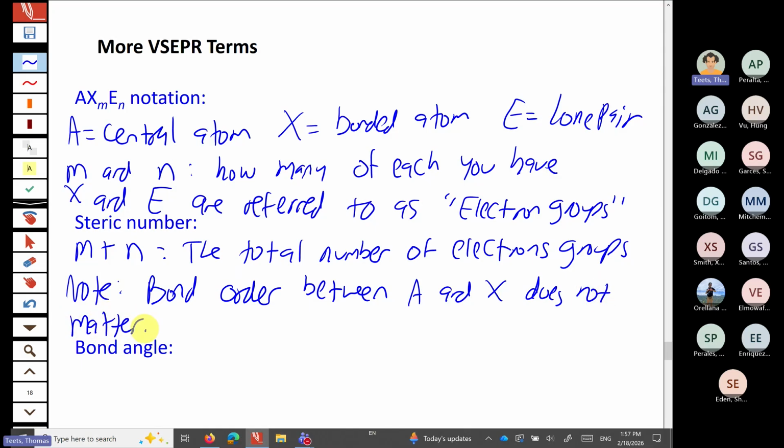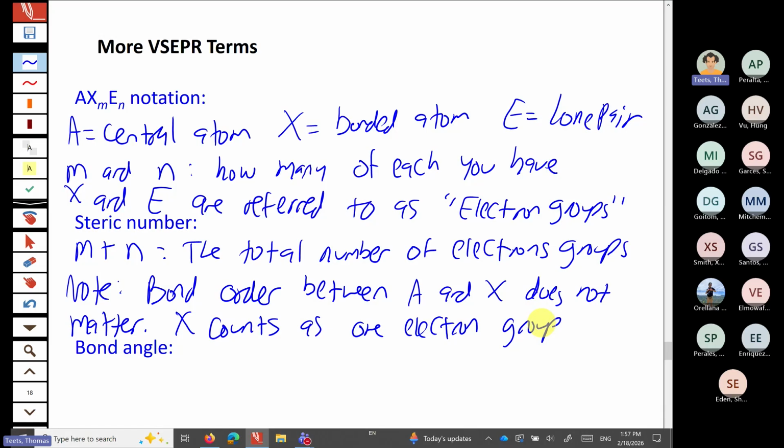Whether it's a single bond, a double bond, or a triple bond, that X will just count as one electron group. We'll talk a little bit about how multiple bonds, double or triple, can have small impacts on the shape. But the general broad classification of that shape does not care whether the X is singly, double, or triple bonded.